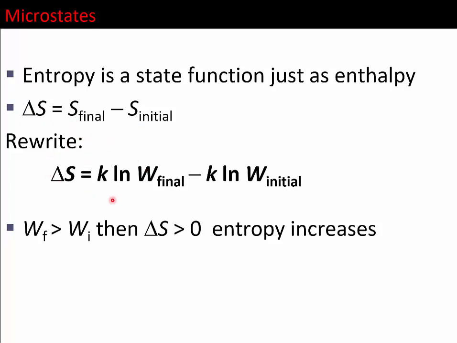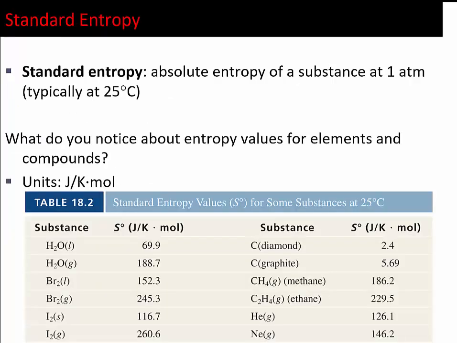So we can rewrite this: our change in entropy is k times the natural log of the final number of microstates minus k times the natural log of the initial number of microstates. So if our final number of microstates is more than our initial, then our delta S will be bigger than 0, and entropy will increase.